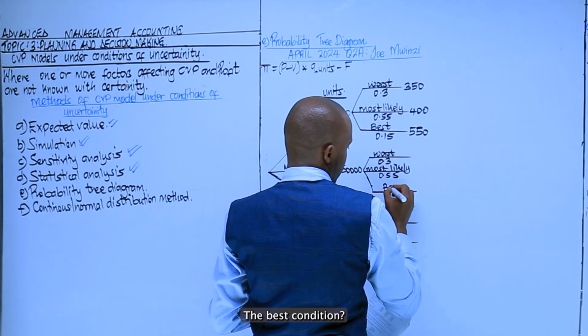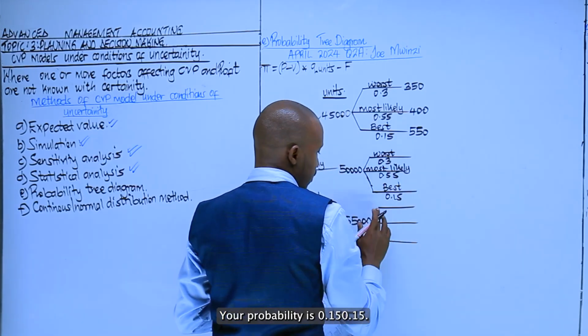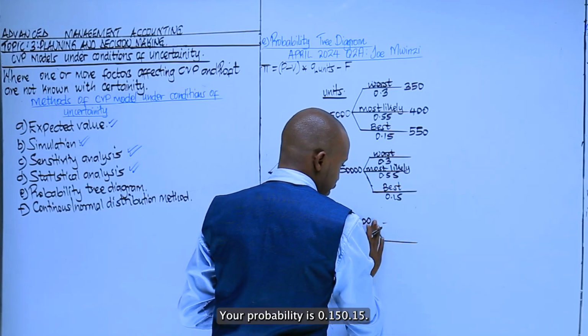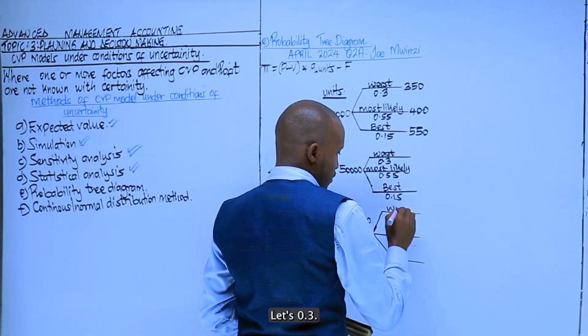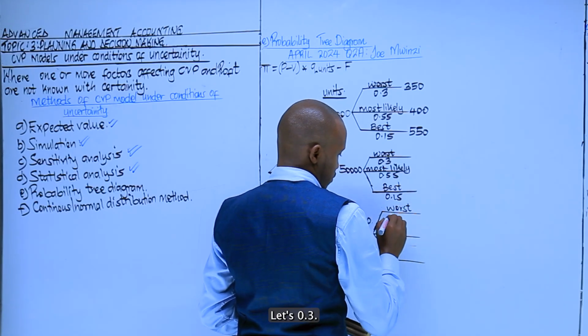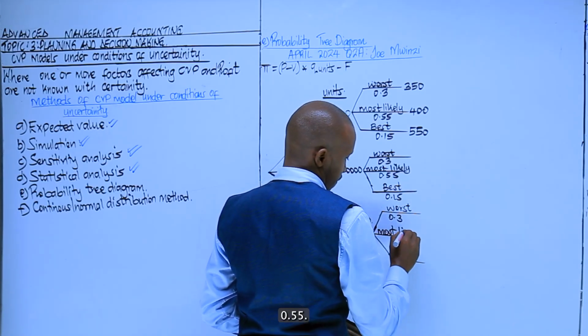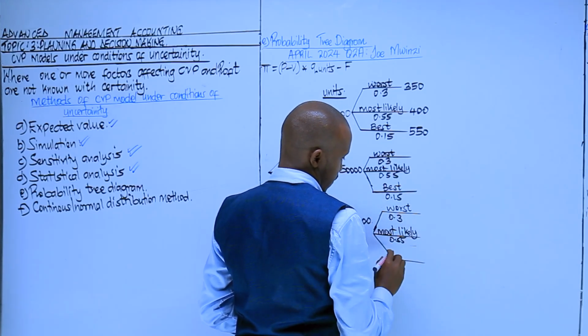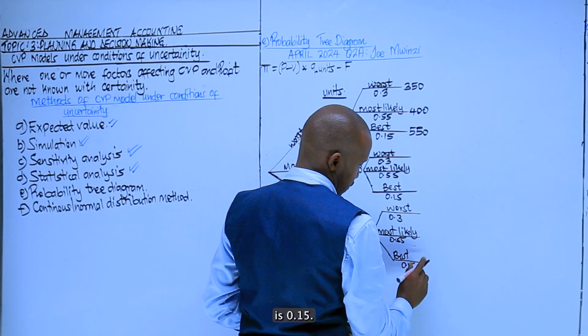The best condition, your probability is 0.15. Then we also need to analyze the same. Worst, 0.3. Most likely, 0.55. The best is 0.15.